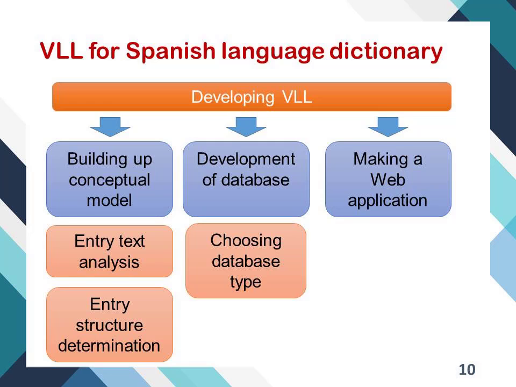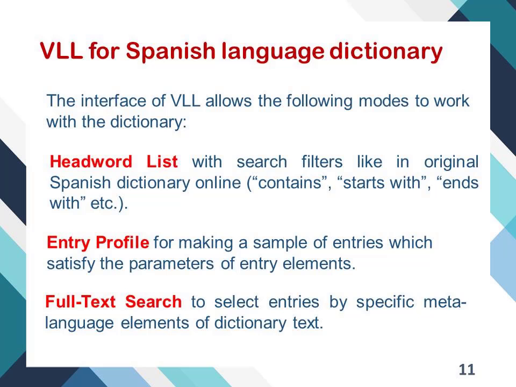The third task was to make a web application to work with the database. The application is based on .NET Core 2.1 technology. For easy creation and further editing of interface elements, a set of HTML, CSS templates and JavaScript Bootstrap scripts were used. The interface of the Virtual Lexicographic Laboratory allows the following working modes.